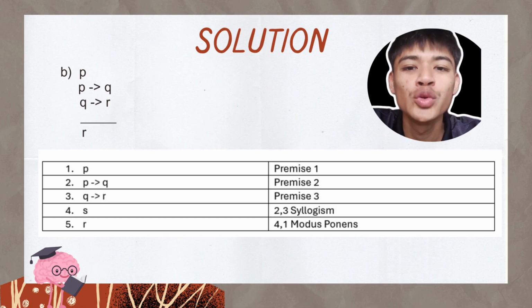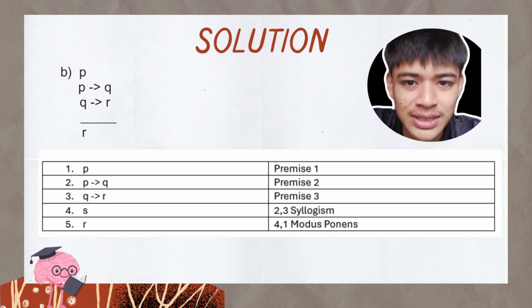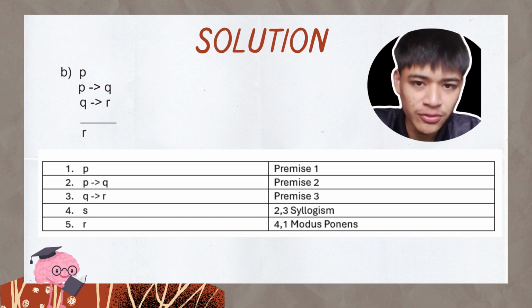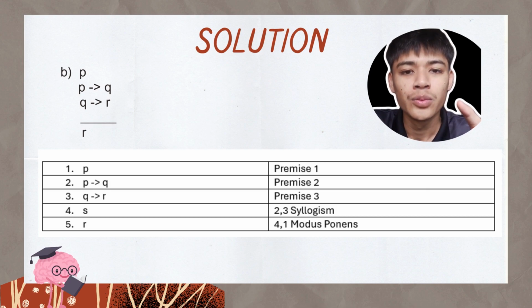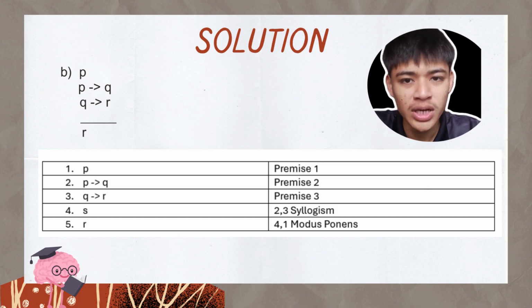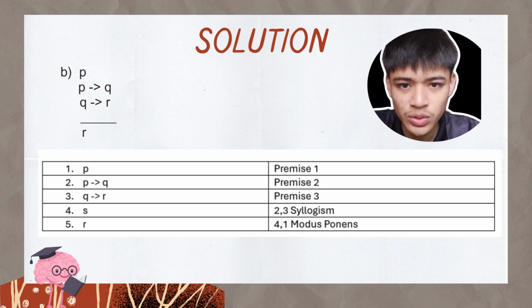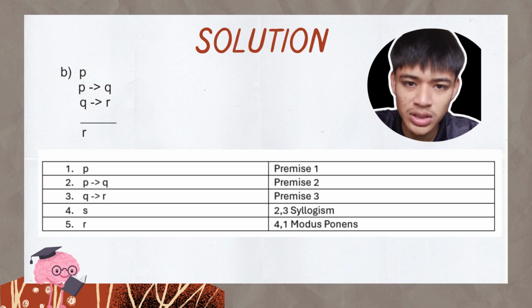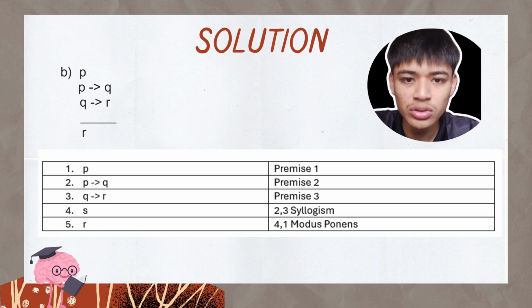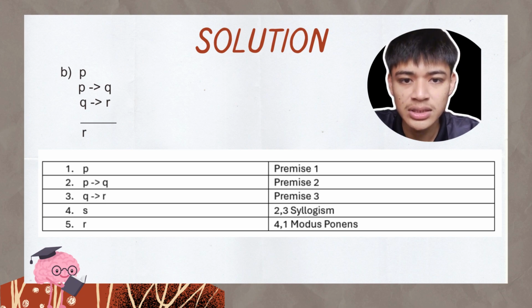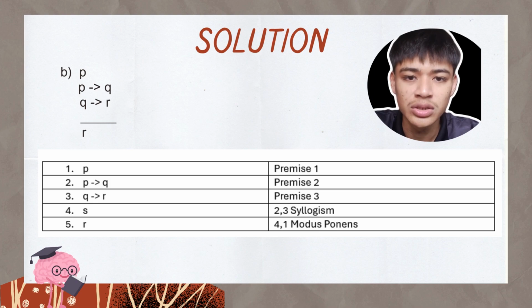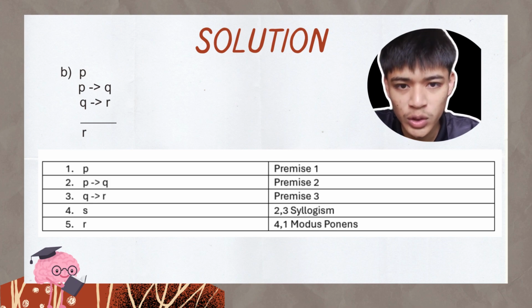For the second question, it is P implication Q, Q implication R, and the result is R. For the first step, we declare premise 1, premise 2, and premise 3 based on the question. And then we refer to the rules of inference table and find what method is suitable to solve the question.